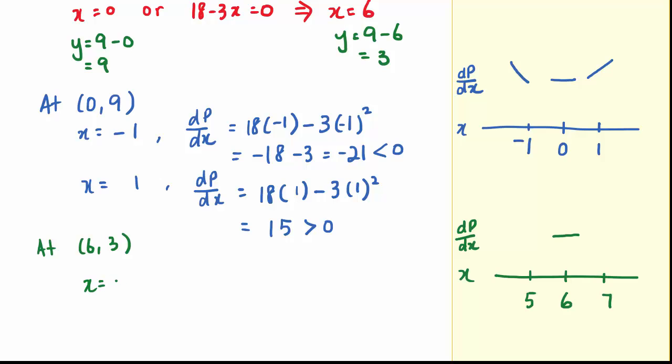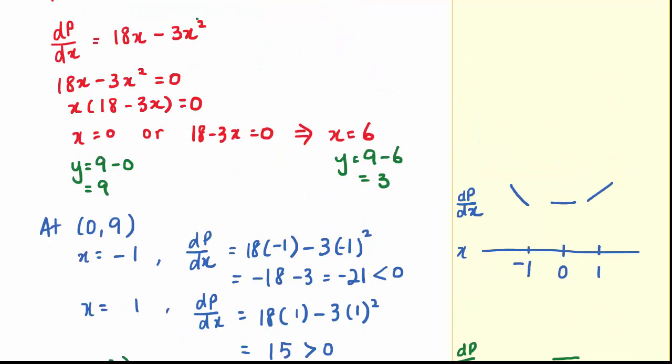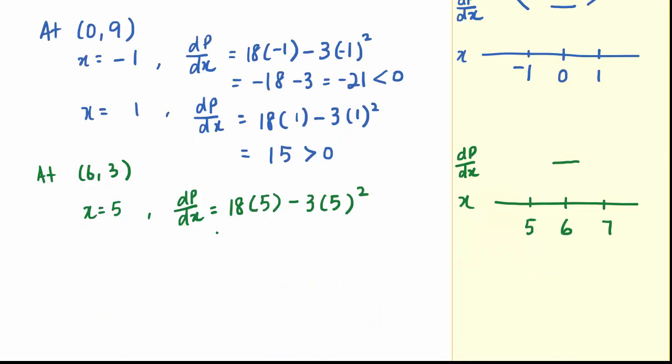When x equals 5, dp/dx equals 18 multiplied by 5 minus 3 times 5 squared. Note here we are making use of the formula dp/dx that we have found earlier. This value is 15, so it's bigger than 0. We have a slope that is going up.